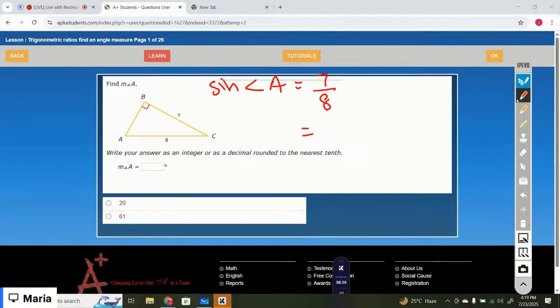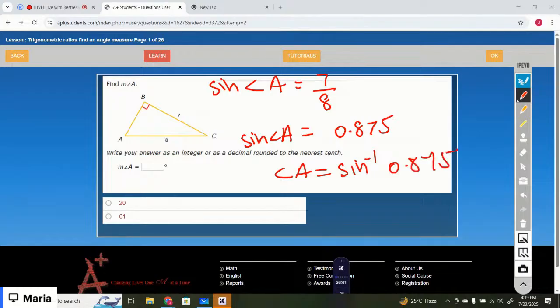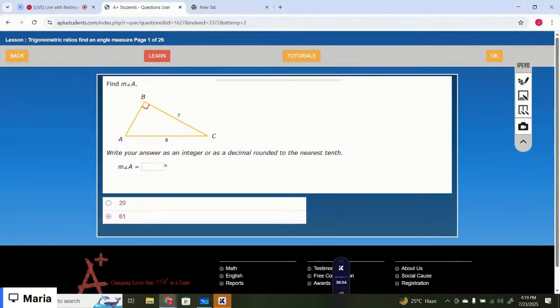So 7 over 8 equals 0.875. So we need to calculate sine inverse of 0.875. So sine inverse of 0.875 is equal to 61 degrees. So the correct option is 61. Option number 2 is the correct option. That would be 61 degrees.